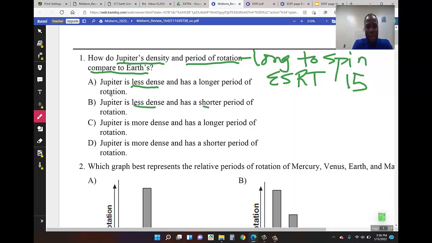Yeah, I will go with B. Definitely. Let's see if C and D would work. C, Jupiter is more dense. No, Jupiter is less dense. C is out. D, Jupiter is more dense and has a shorter period of rotation. Jupiter is not more dense, so that is definitely out as well. Our correct answer there is B. Yay! Shout out to those who got it right.